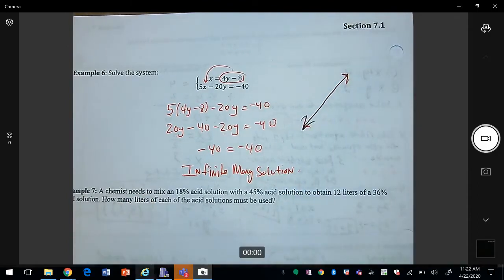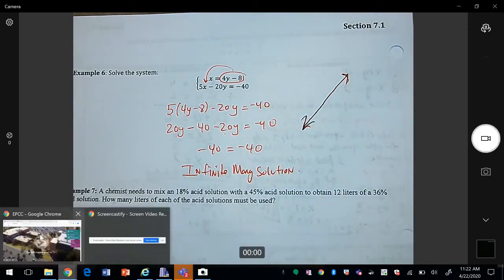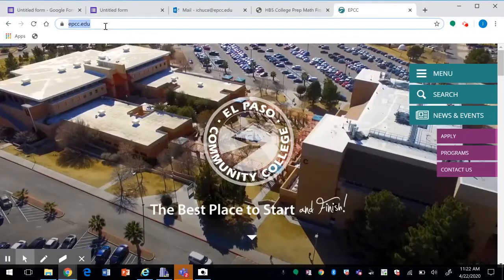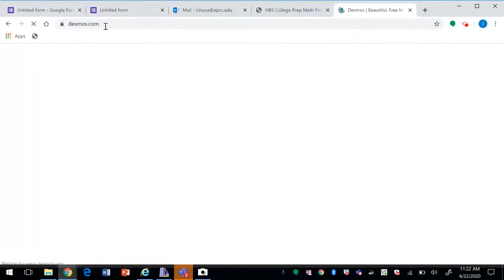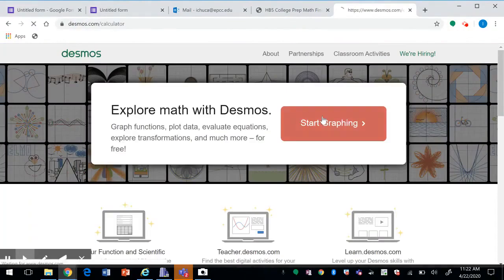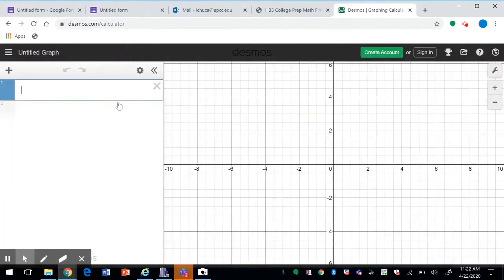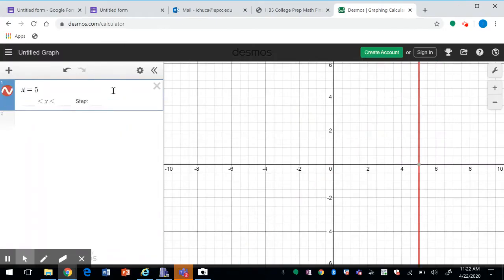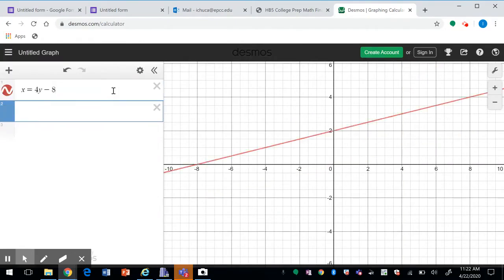Okay, so let me illustrate that with the Desmos app. So we can see the graph. So here we have x is equal to 4y minus 8. And then I'm going to put the second equation, 5x minus 20y equals negative 40.